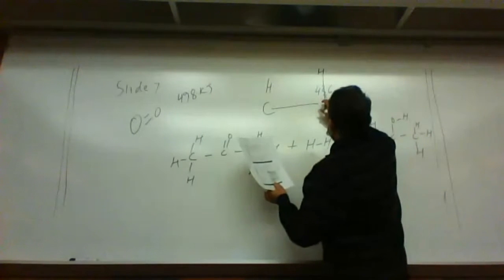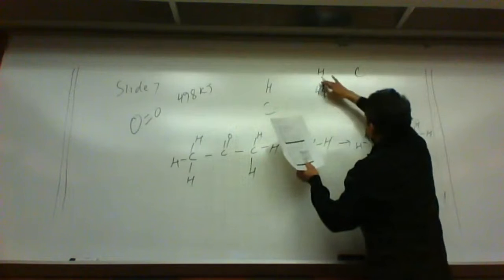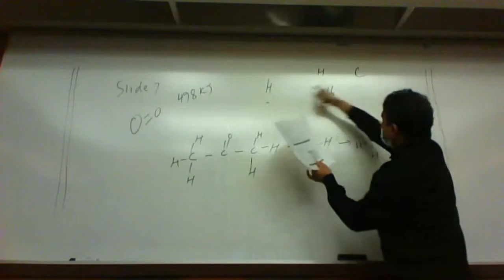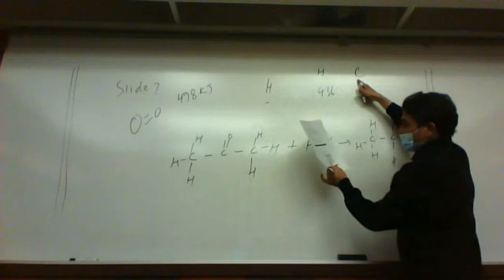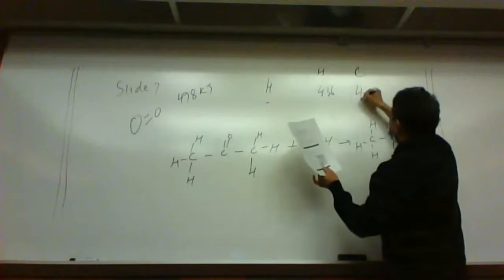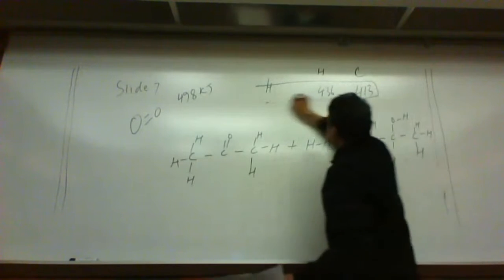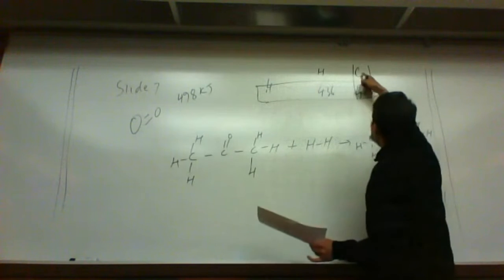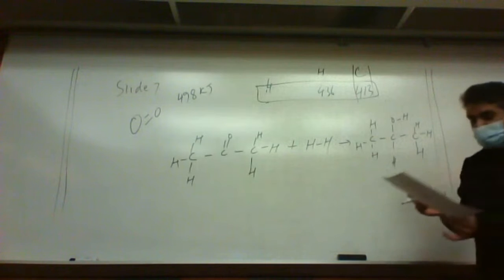So H is here. So you look at the H and C here. This is 436, and look at the H and C. So if the bond comes between H and C, just like the multiplication table, this is 413. So if H forms a bond with the C, that's a 413. Make sense? So look at that table, yeah?